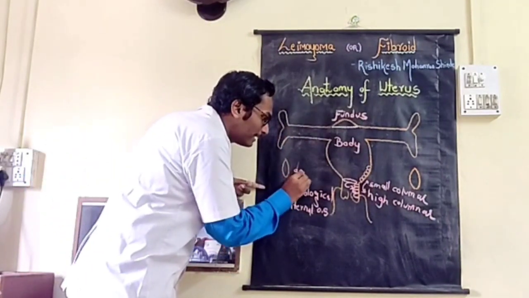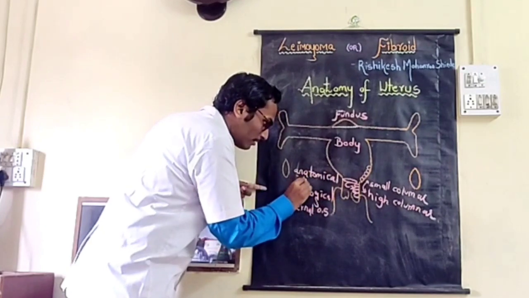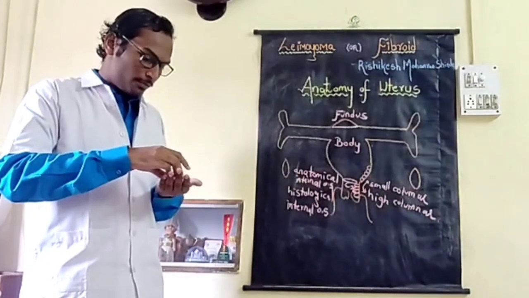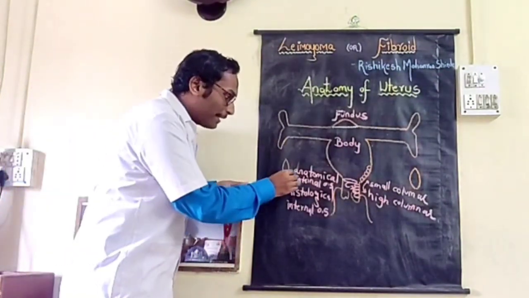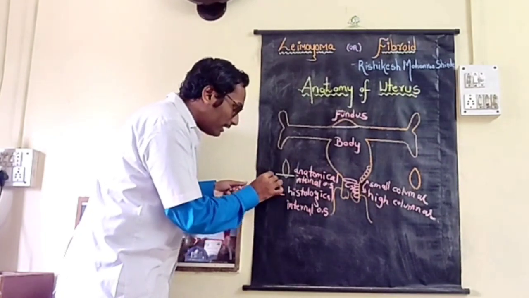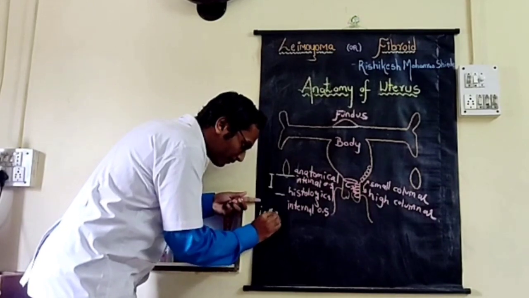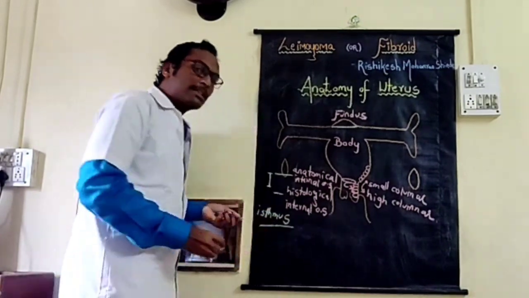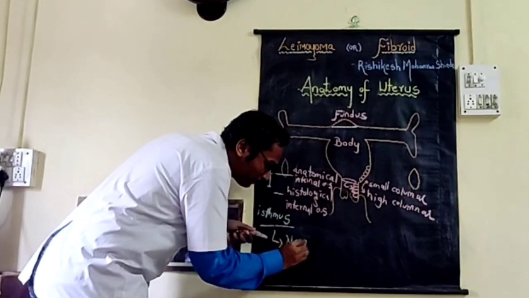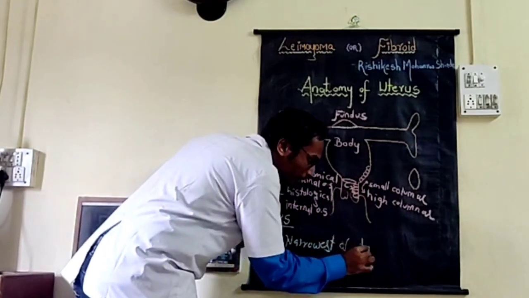One important concept: the space between the anatomical internal os and the histological internal os is called the isthmus. The isthmus is the narrowest part of the uterus.